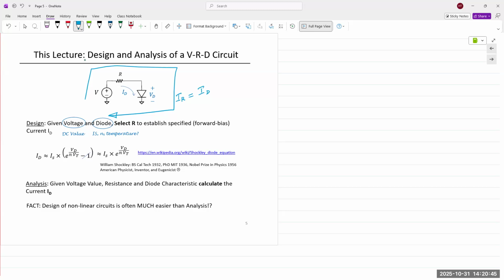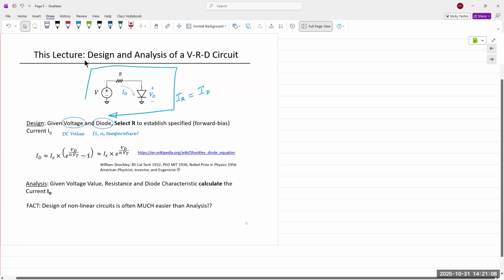So William Shockley came up with an equation to describe the relationship between the voltage and the current that took place in the semiconductor devices. And that came to be known as the diode equation because it was between a P and an N junction diode. Okay, and that equation is given right here.